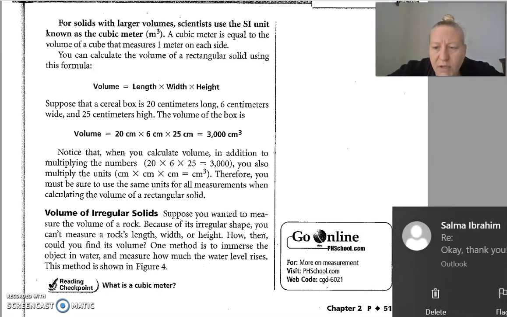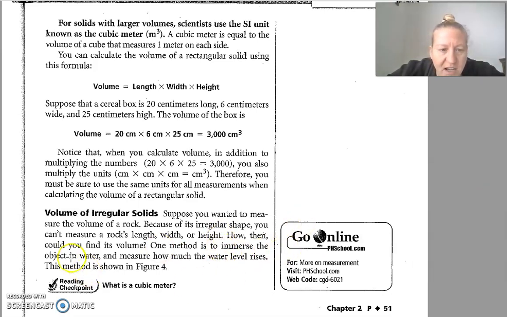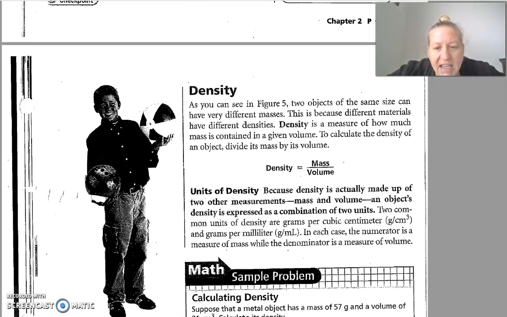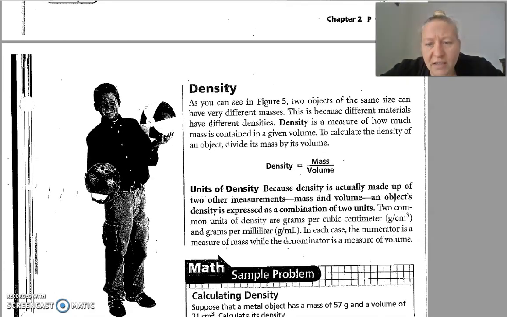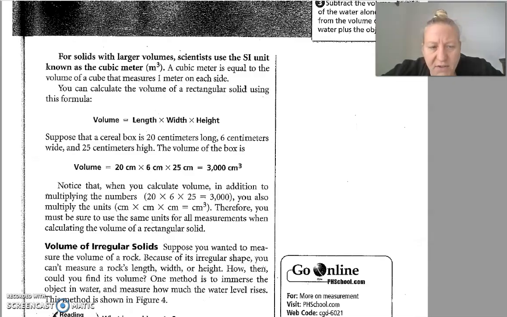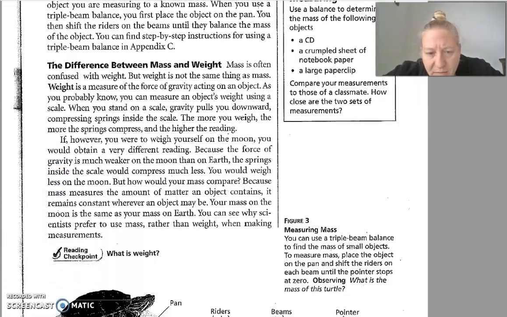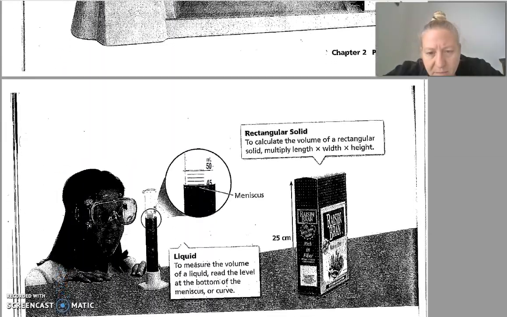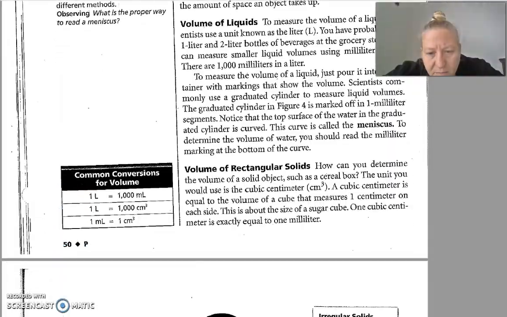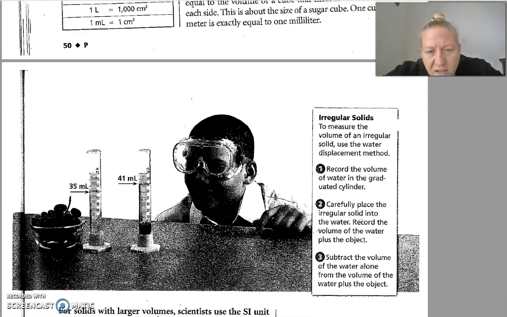One method is to immerse the object in water and measure the water level rises. This method is shown in figure 4. Let's go back and look at figure 4. Okay, measuring irregular solids.